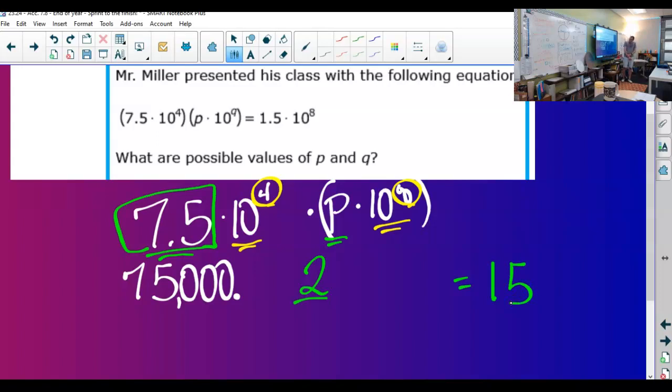So now, what I really want, because I need to move this decimal back, I want to do 10 to the negative 1 to move the decimal back, but then it needs to be 10 to the 8th. So wait, if I have 10 to the negative 1, and I want 10 to the 8th, I should actually make this 10 to the 7th.